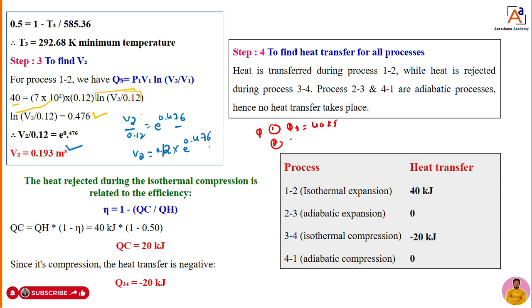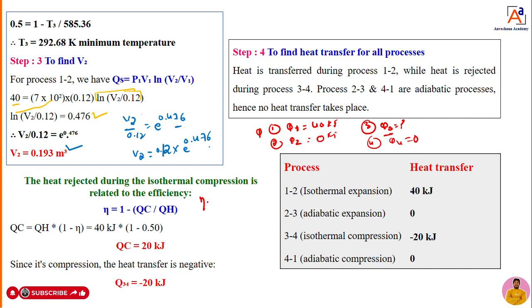Then the expansion takes place at process 2, but there is no heat transfer at all, hence it is equal to 0 kilojoules. The third process is isothermal compression, which I need to calculate, so q3 is what I need to calculate. Then the fourth one, adiabatic compression, so q4 is equal to 0. So the only unknown is q3 here.